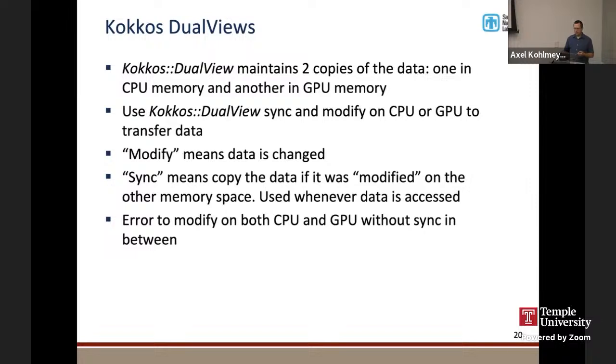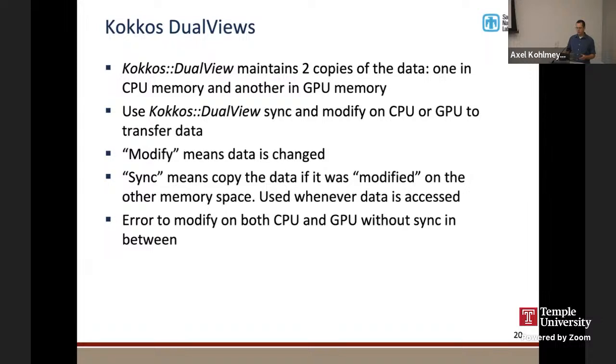And instead of doing deep copy, you use a sync and a modify command to transfer the data. So modify means the data is changed. It's modified. Sync means to copy the data, but only if it was modified on the other memory space. So if you're going to use the data, you need to just call sync. If it hasn't been modified, it's just a no-op.